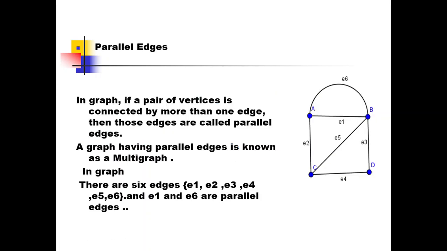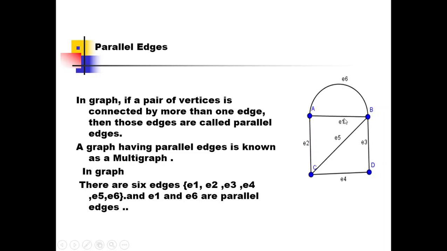Next is a parallel edge. In a graph, if a pair of vertices is connected by more than one edge, then those edges are called parallel edges. So here in this graph, A and B are connected by E1 as well as by E6, where the starting and ending vertices are the same for both edges.